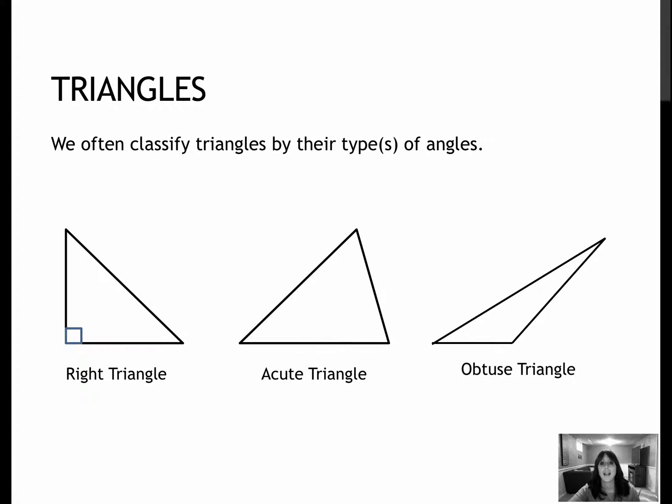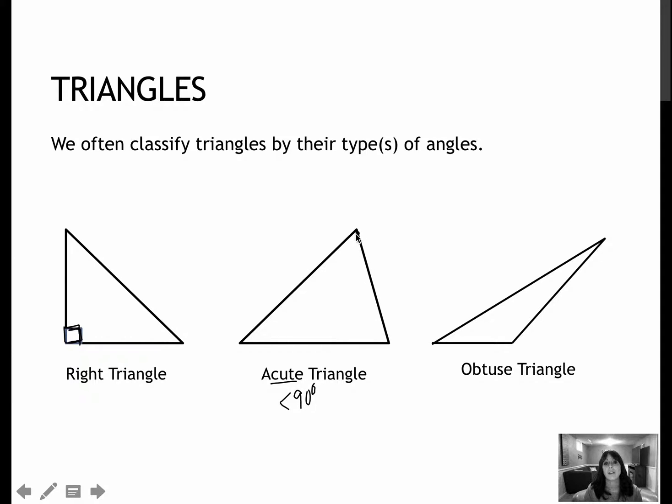Oftentimes we're asked to classify triangles, and one way that we classify them is by the type of angle that they have. So the first one, obviously a right triangle because I have this right angle box. So we classify it because it has a right angle. An acute triangle has three angles that are all acute, and acute means that they are less than 90 degrees.